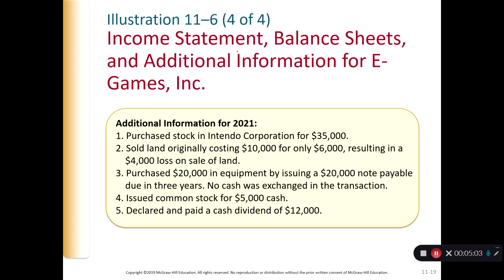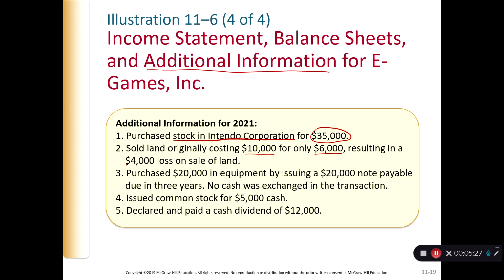Besides that, there's more detailed information about eGames. For example, they purchased a stock in Nintendo Corporation for 35,000. So basically, they are investing in Nintendo Corporation for $35,000, and they sold land originally costing $10,000 for only $6,000.